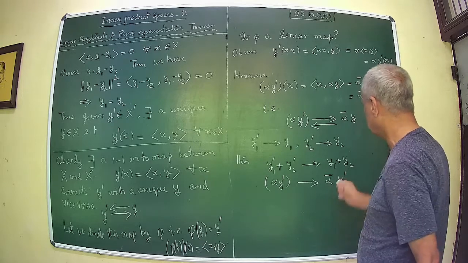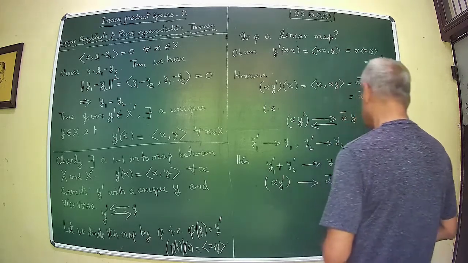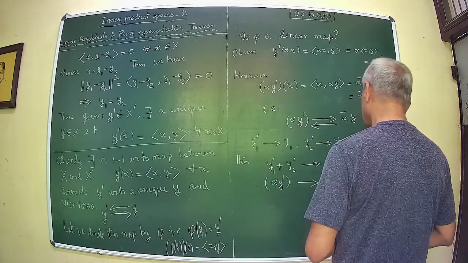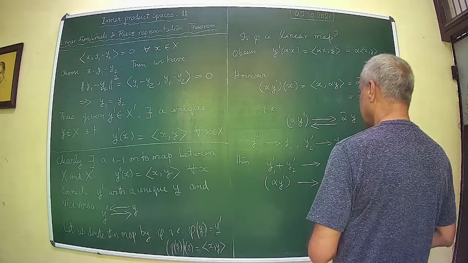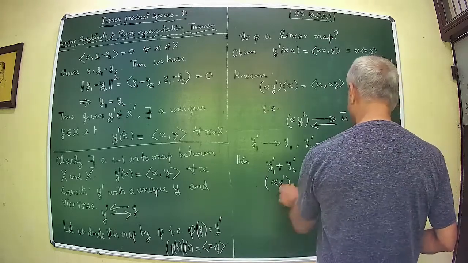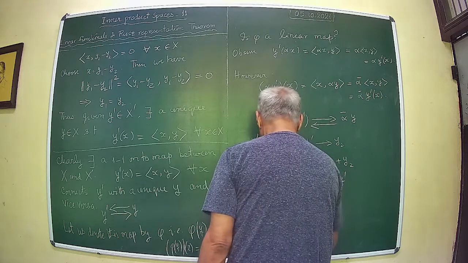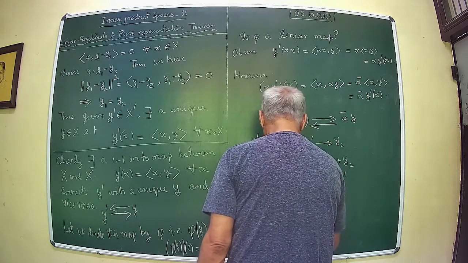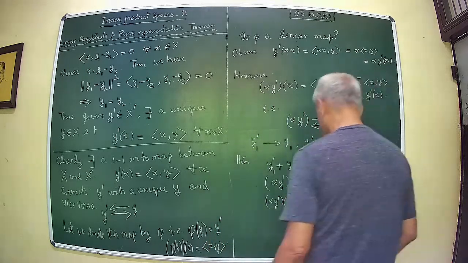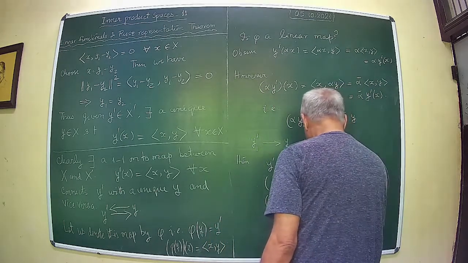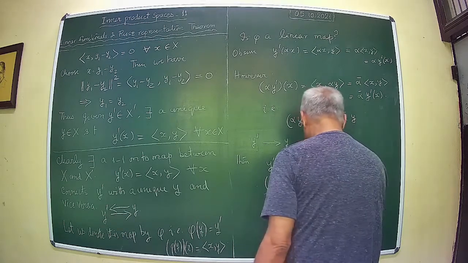Because what is the reason? The reason is that alpha y prime of x equal to alpha conjugate. This is the reason.